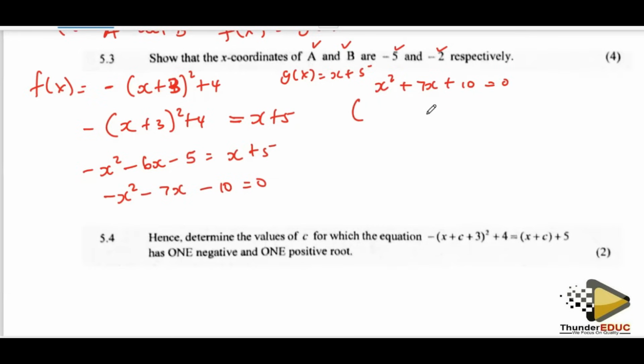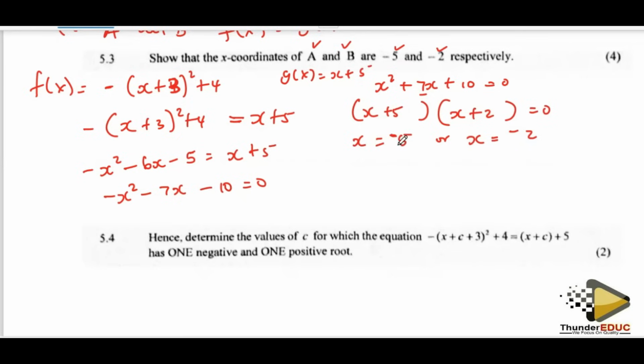The two numbers that multiply to give 10 and add to give 7 are 5 and 2, so (x + 5)(x + 2). Then this will give me x as -5 or x as -2.